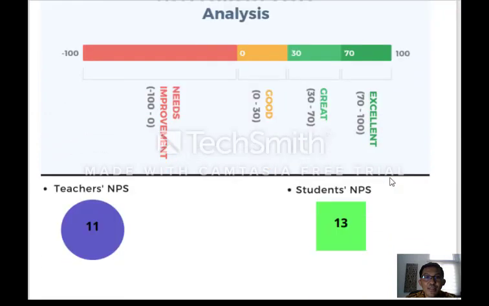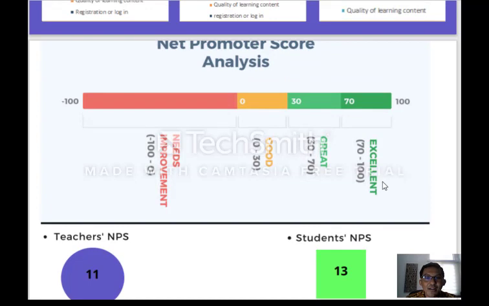Based on those results, it is shown here that if the score is 0 to 30, it is considered good, if the score is between 30 and 70, it's considered great, and if it is 70 and more, it is considered excellent.